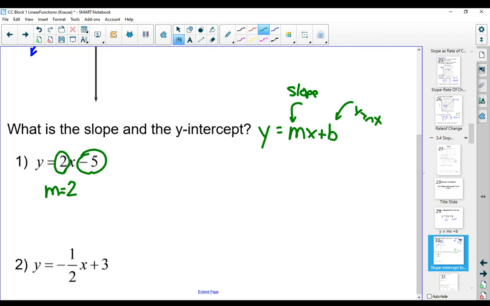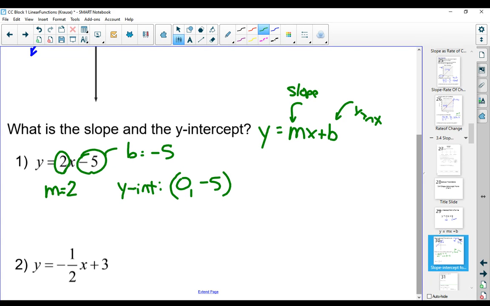And b, the sign in front is important. I think I went 2 minus 5 in my head. So b would be negative 5, and that would mean my y-intercept would be (0, negative 5).